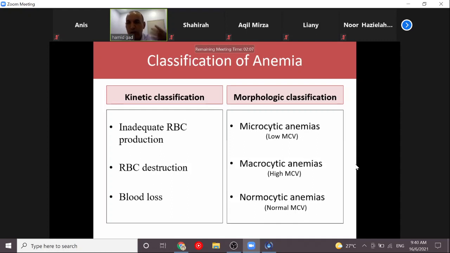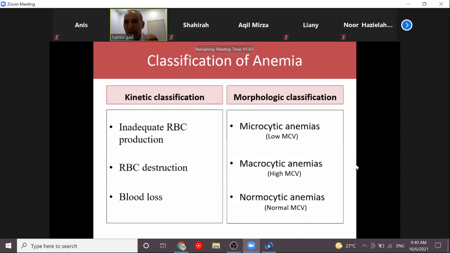Acute bleeding is usually when there are accidents or injury to the blood vessels. Chronic blood loss is like in the case of, any example of chronic bleeding? Yes, the gastrointestinal tract. Usually there is ulceration in the stomach or in the duodenum.